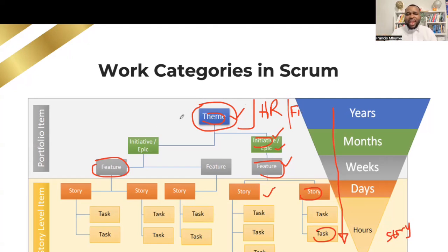Under teams, we might have an initiative. Let's consider we are working with a finance department as a team. An initiative might be that we want to start matching the effort of every developer, converting how many hours they're working into monetary terms.